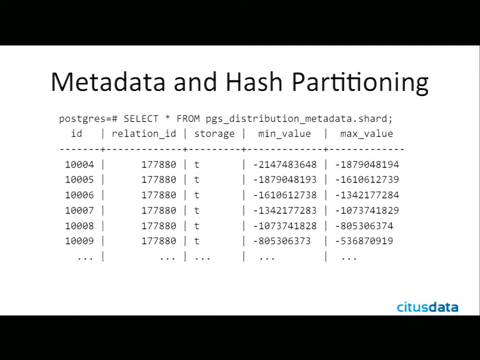We call PostgreSQL standard hashing functions and get a hash value between -2 billion and +2 billion. Let's say in this example that we got -1.5 billion. You look at this table and say, okay, -1.5 billion as the hash value corresponds to this shard, 10,006, and that's how you route the request.